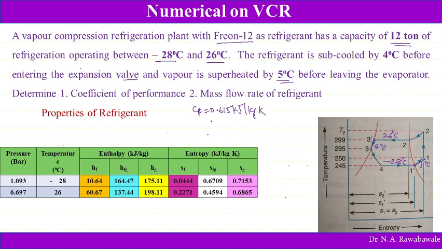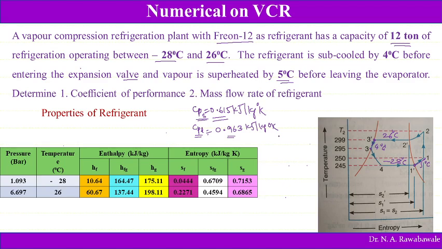But in this case, this is the value for specific heat of a refrigerant when it is superheated, and the specific heat of liquid refrigerant is given as 0.963 kilojoules per kg Kelvin. So specific heat at constant pressure of vapor and specific heat of liquid, both are given.